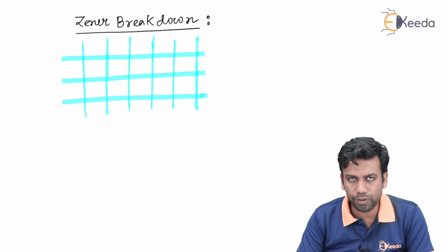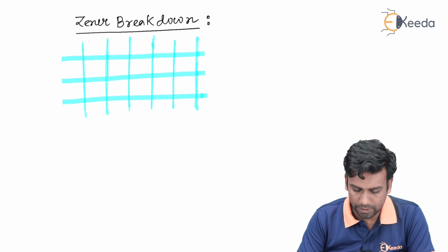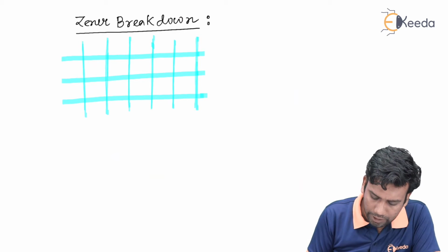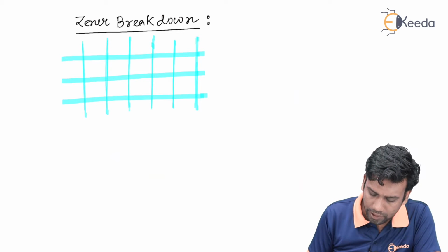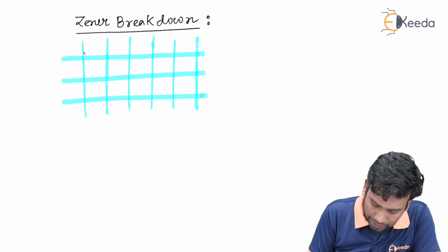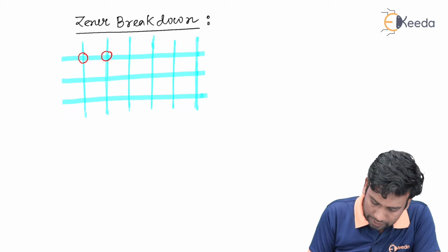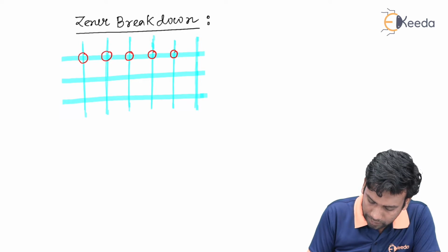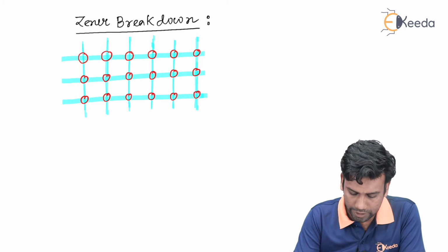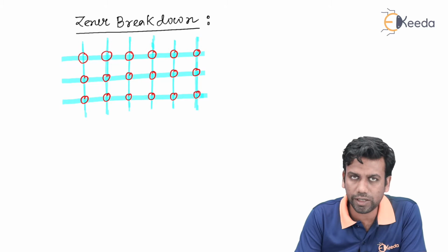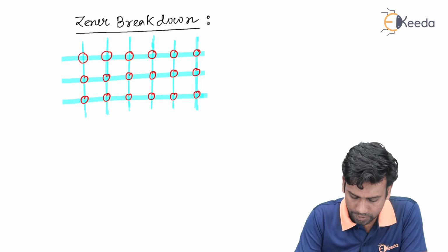As we recall the bond model of a semiconductor, it looks like this, and at every cross point we have a silicon atom. These are the silicon atoms at every cross point of the bonds, and the bonds are covalent bonds because the electrons of each atom are shared with the 4 neighboring atoms.